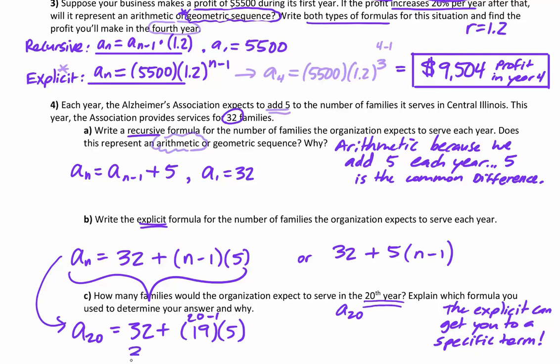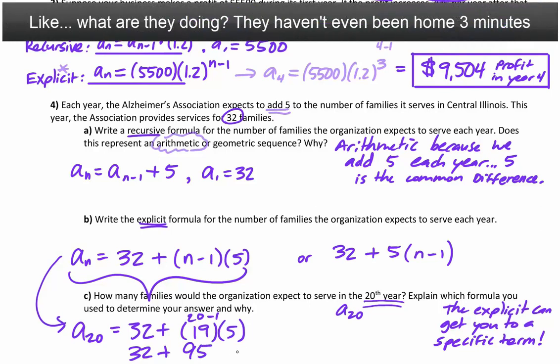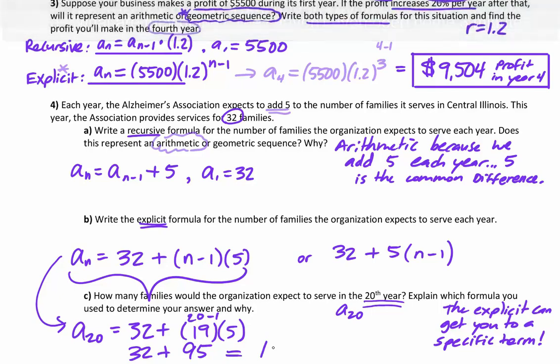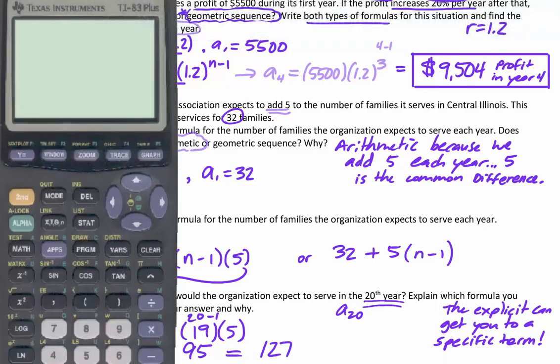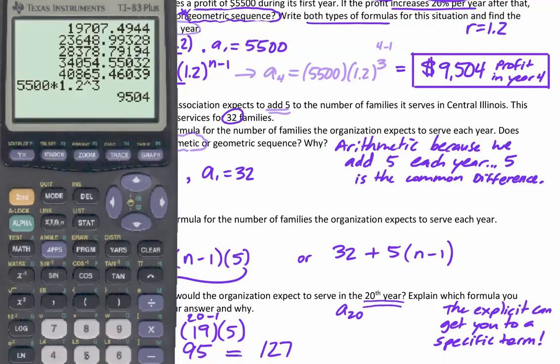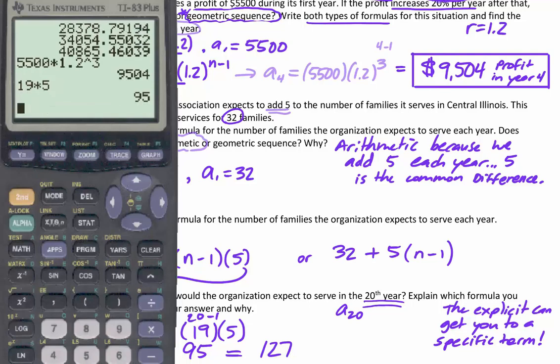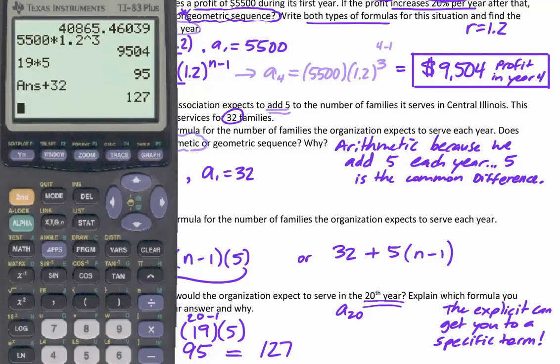So now we're just going to do some simple algebra. 19 times 5 is 95. 95 plus 32 is 127, I believe. Now you could just type this in, or you could do parts of it. Okay, but we should get the same answer no matter what our method is.